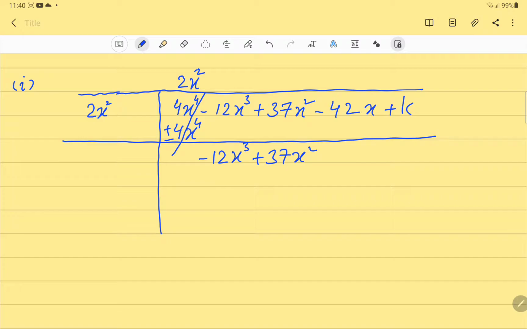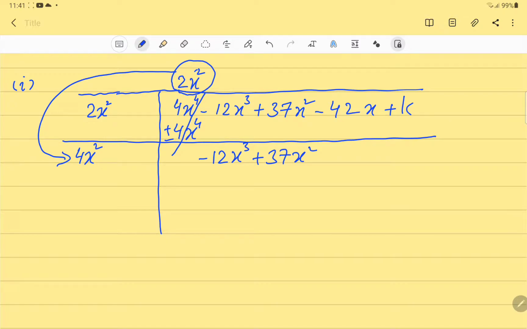Now on the left side, what we have to do is multiply this term with 2 and write it down over here. So when we multiply 2x squared with 2, it comes out to be 4x squared.